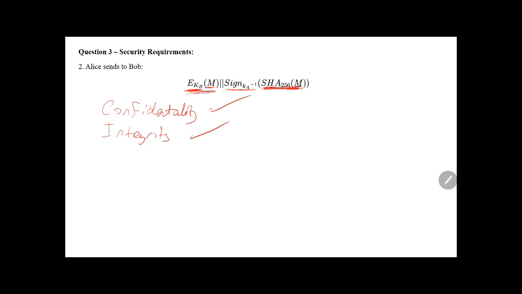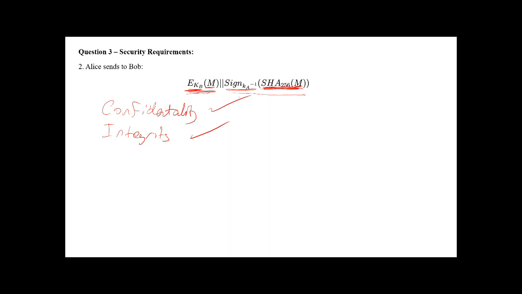since when Bob receives this part and decrypts it using Alice's public key, since it's encrypted using her private key, he will recompute the hash for the message he decrypted using the SHA-256 function, and he should get the same exact hash.